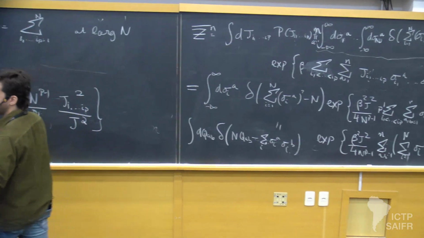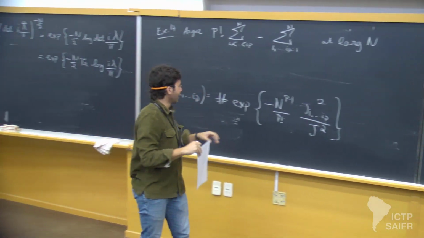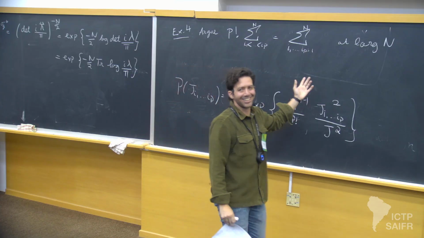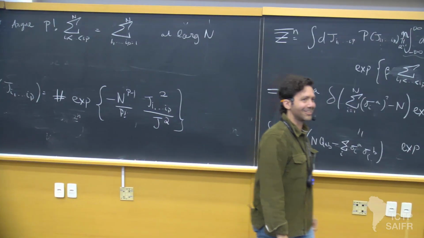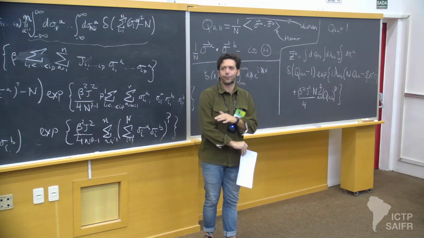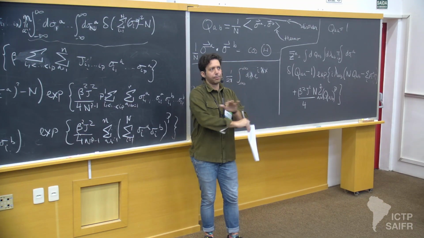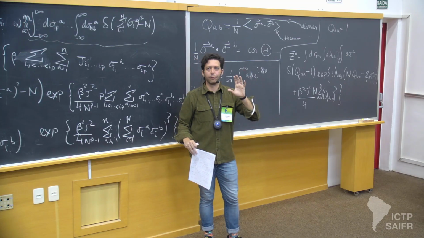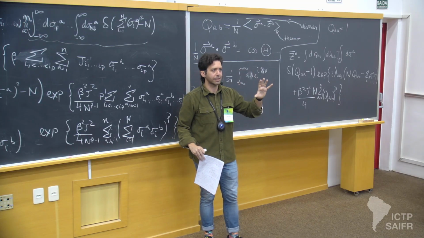Thankfully, I picked my distribution to have n to the p minus 1, because if I didn't, then I wouldn't have these factors of n. So now I've simplified my problem to a theory of matrices in replica space.